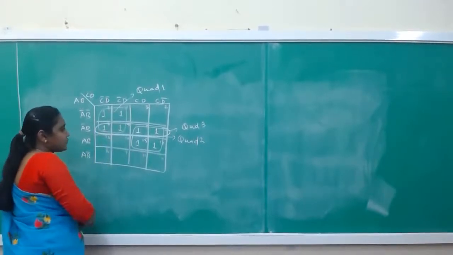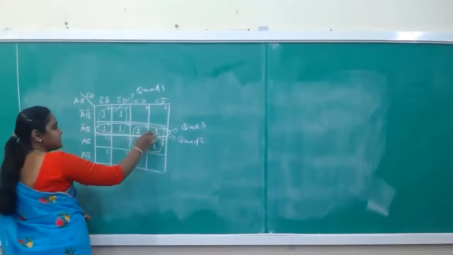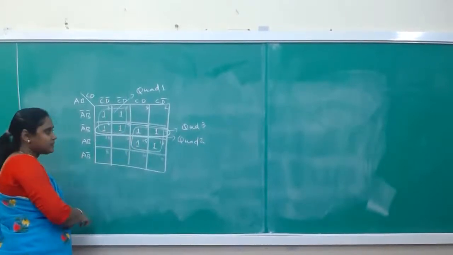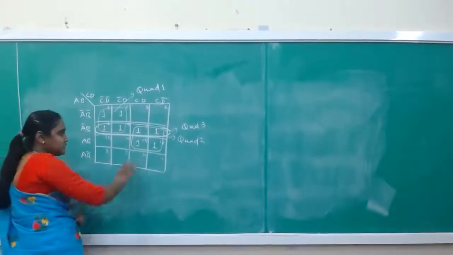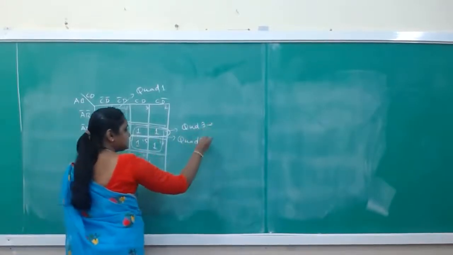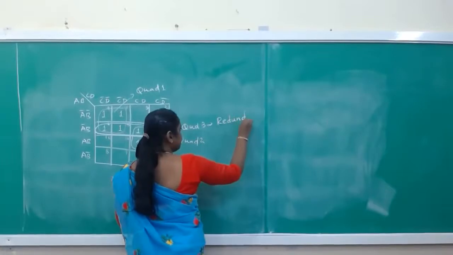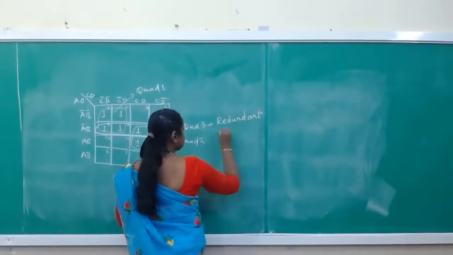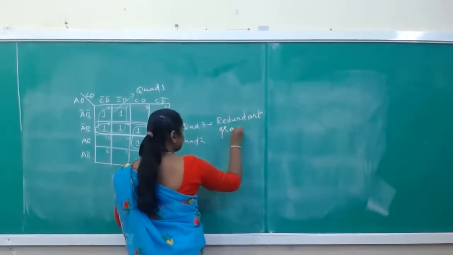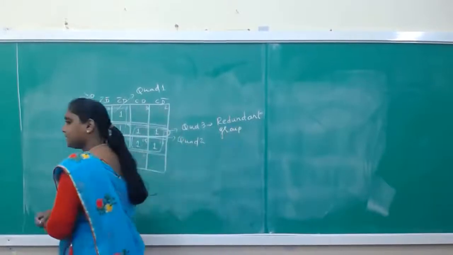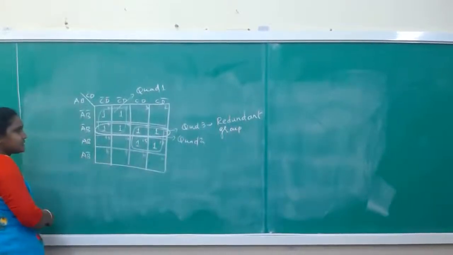Okay. Quad 1 and quad 2 are in the square form, this quad is in the rectangular form. So this quad 3 is nothing but a redundant group.